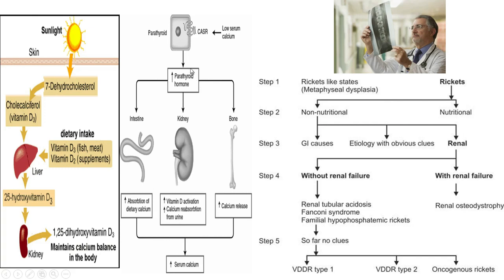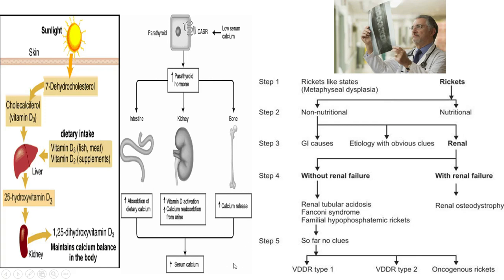Now, when low serum calcium occurs, that will activate the parathyroid gland, which increases the parathyroid hormone, and due to its action on intestine, kidney and bone, all will increase the absorption of calcium, the active form of vitamin D3, and calcium level in the circulation. So as a total, the calcium will increase.